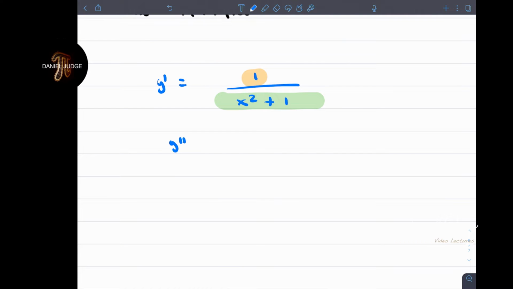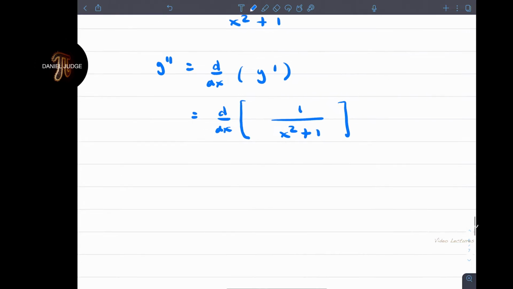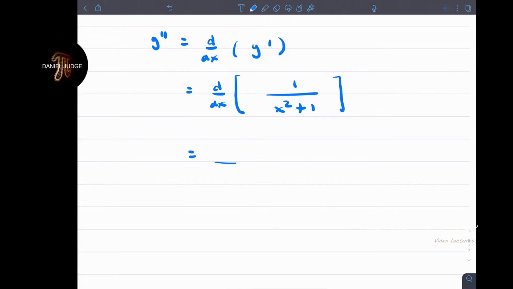Now, y double prime here, if we say let's find what y double prime is. The second derivative here is the derivative of the first derivative. So you can use quotient rule again.